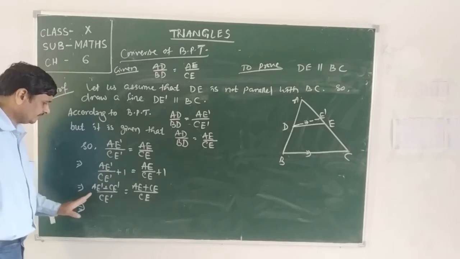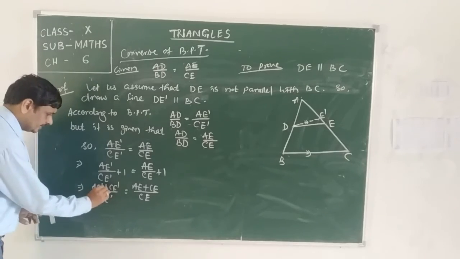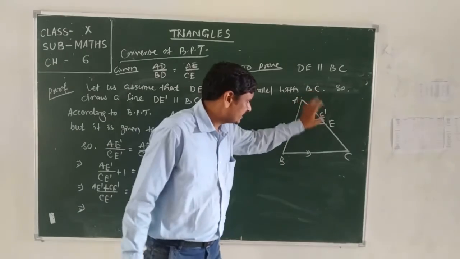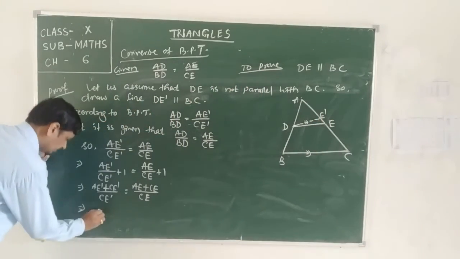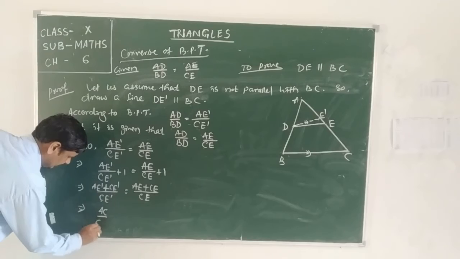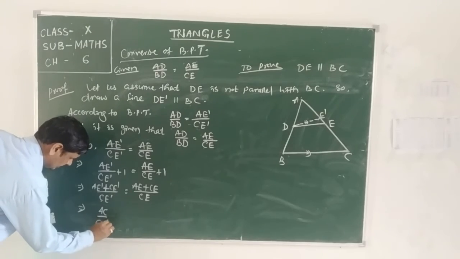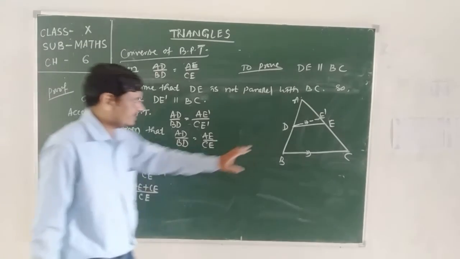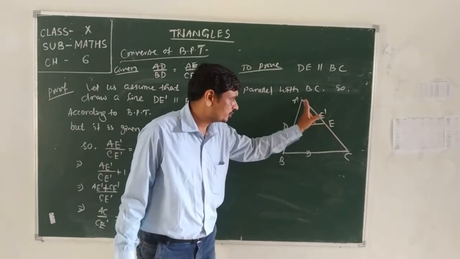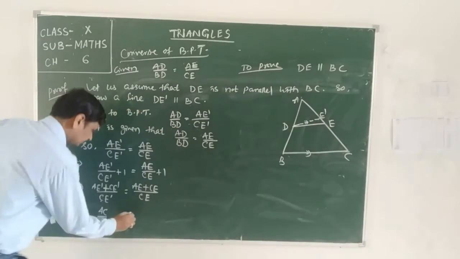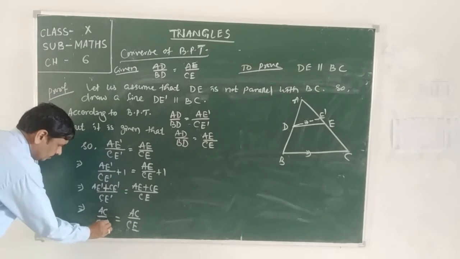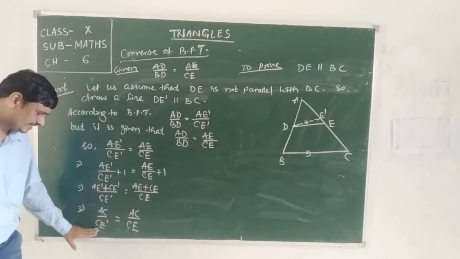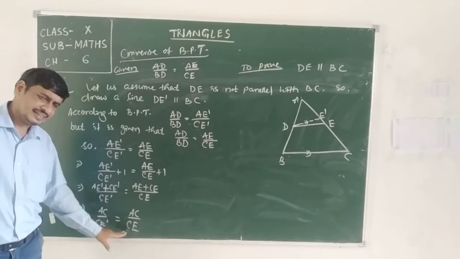Now observe AE dash plus CE dash becomes AC. AC by CE dash is equal to AE plus CE, which also equals AC. AC by CE. Here we got the ratio AC by CE dash is equal with AC by CE.